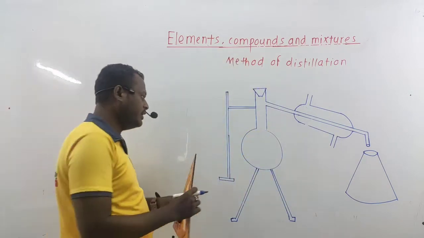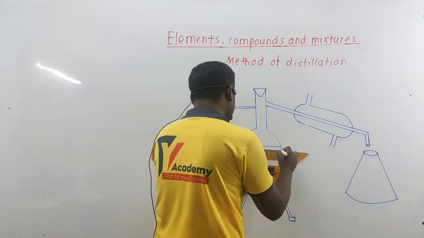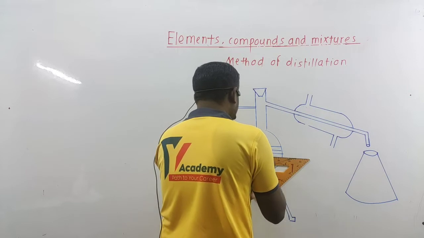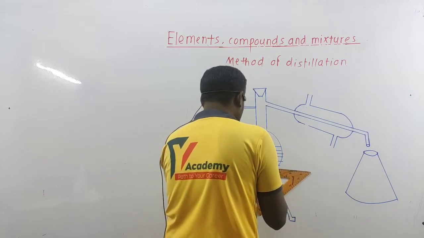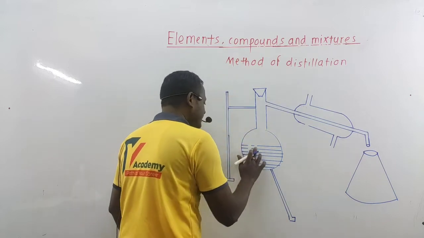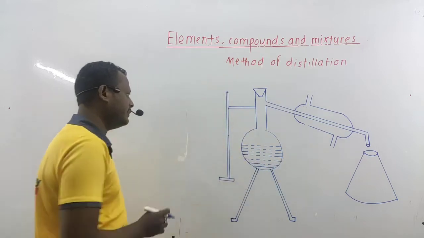Our salt solution is in this round flask. In the round flask there is a salt solution from which we have to separate the pure water.